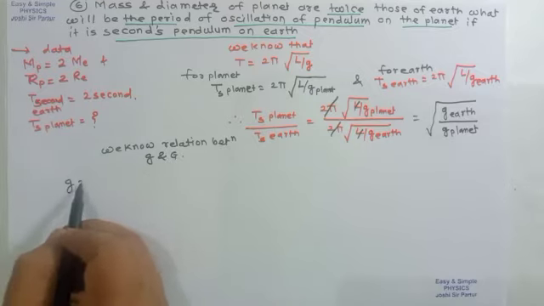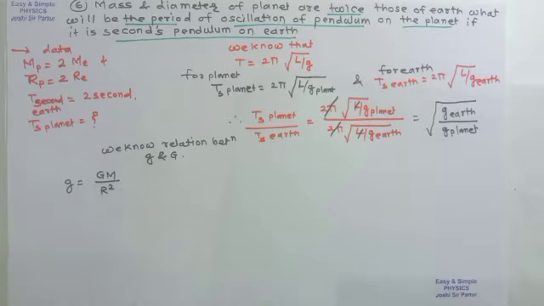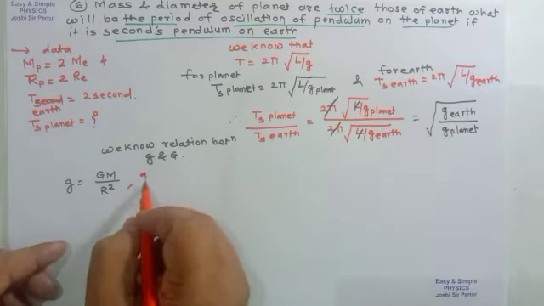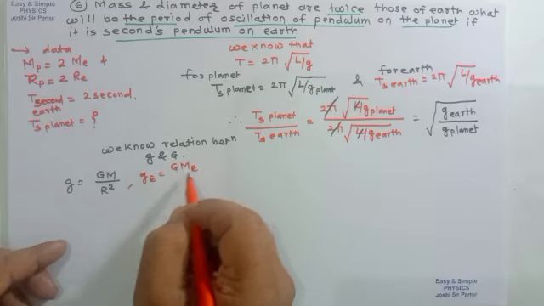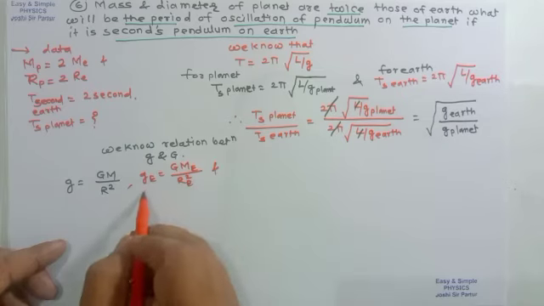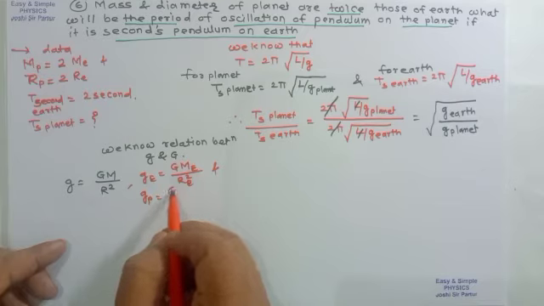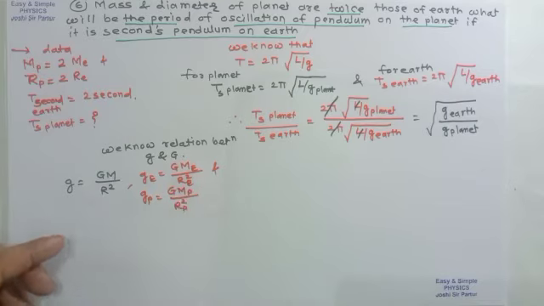So here small g equal to GM upon R square. For Earth, g_e equal to capital G capital M_E upon radius of Earth square, and for planet g_p is equal to capital G M_p upon R_p square. We can find out g_e upon g_p.